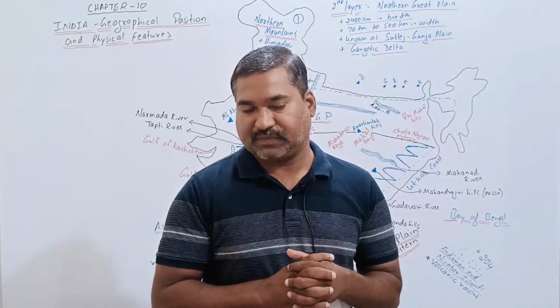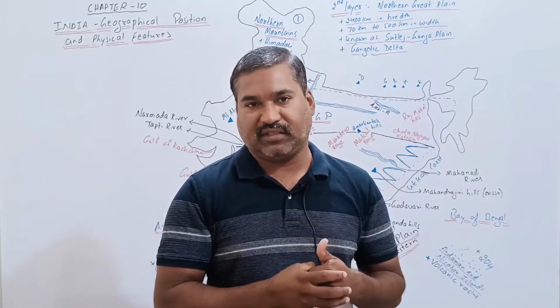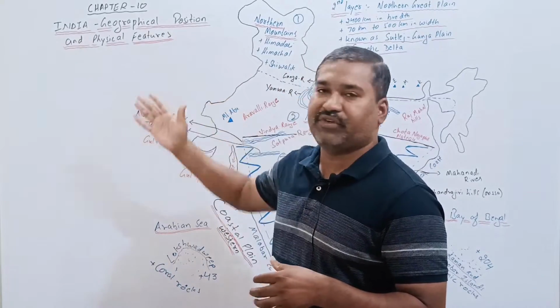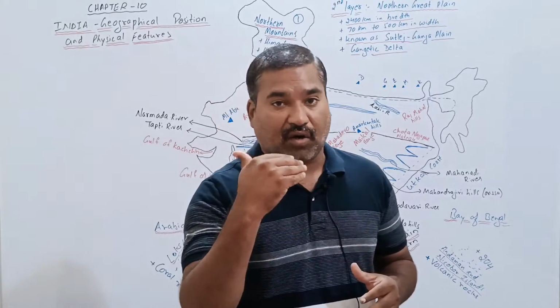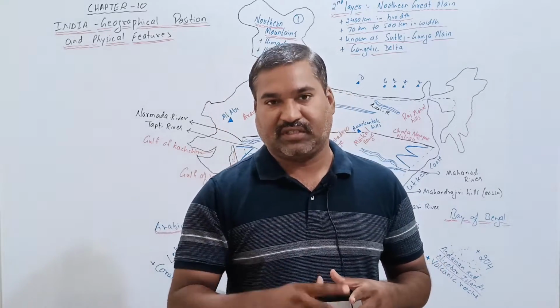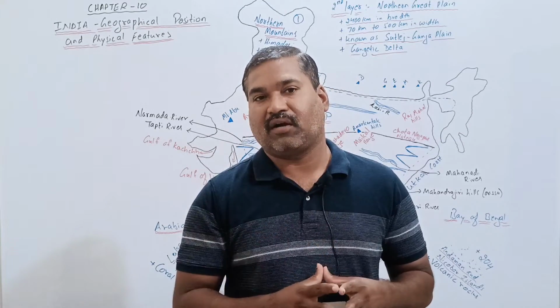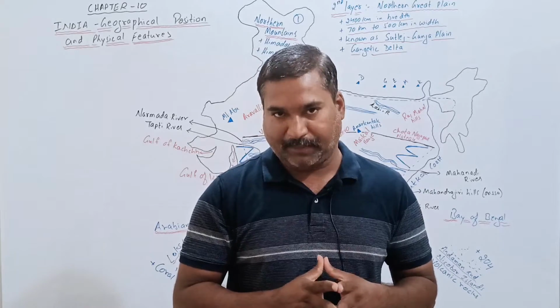Today in this session, this is the continuation of the same topic, geographical position and physical features, and we are on the second layer of the physical features. The second layer is called the northern great plain, the third layer is called the peninsular plateau, and the fourth layer is called the coastal plain.